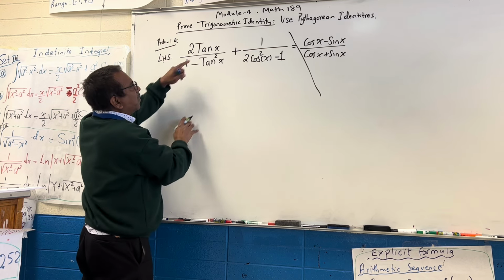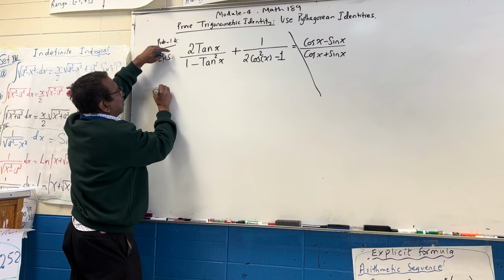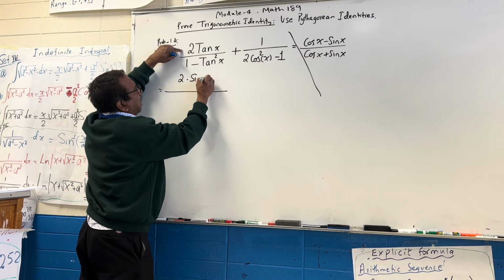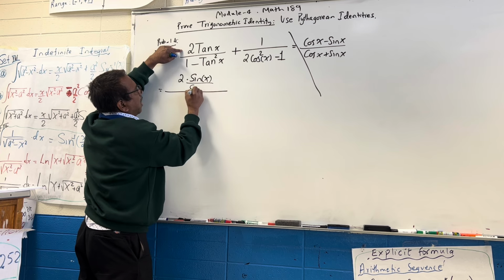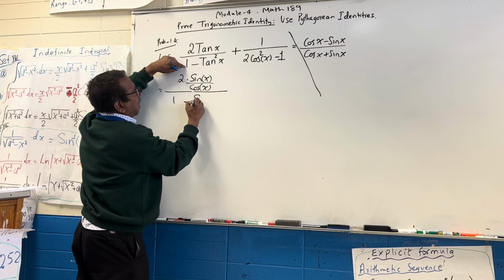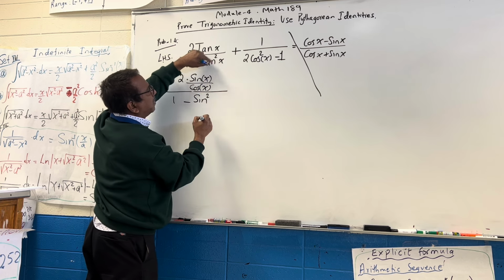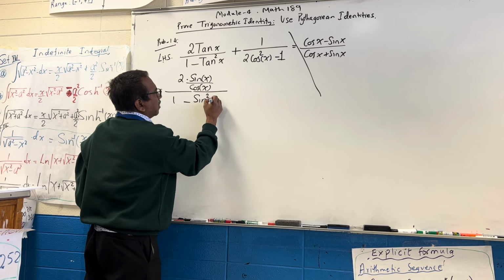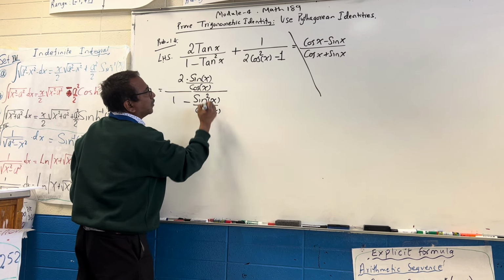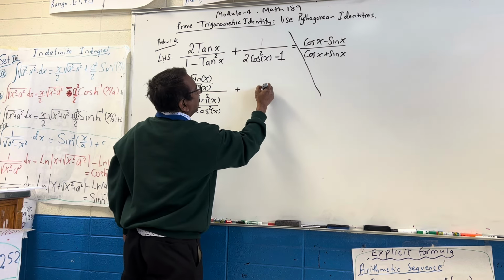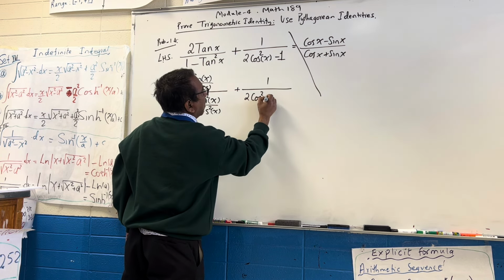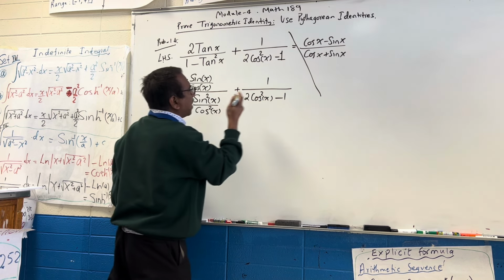So we'll try to change this tan x, so this will be the same as twice sine x divided by cosine, then this will be 1 minus sine square, because there's a tan square, and cosine square of x. So let me keep this exactly the same. It's already in the form of cosine.